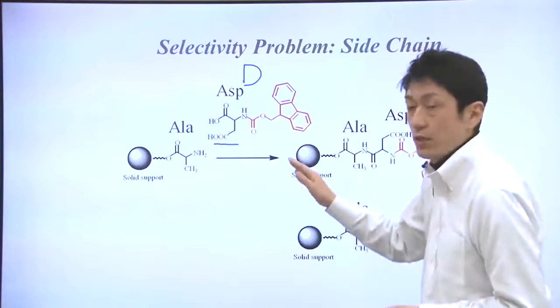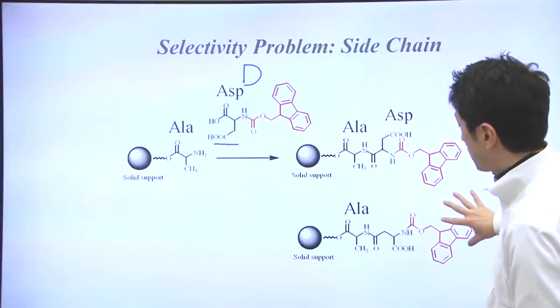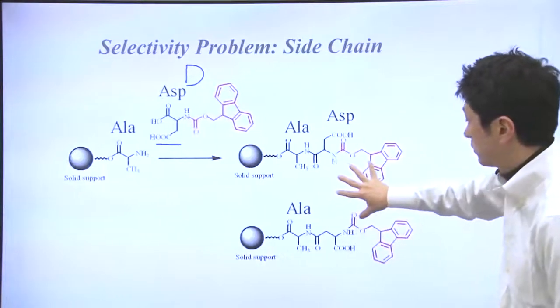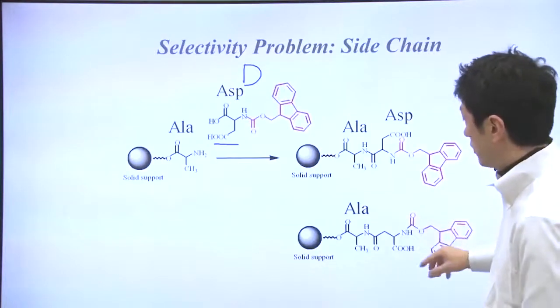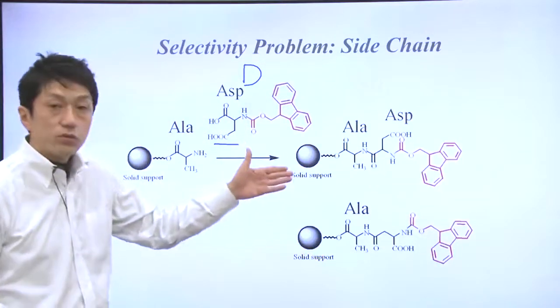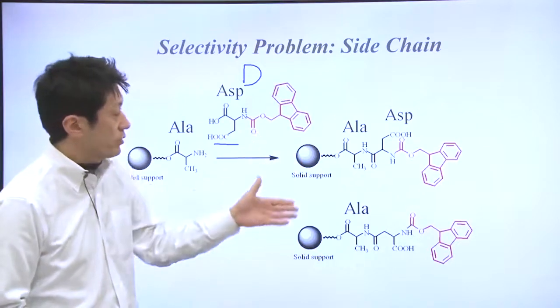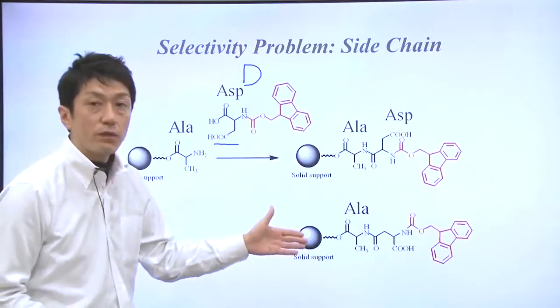The reaction with the side chain would produce the undesired product as shown right here. So you can get two different products, but this is a desired product, but this is an undesired product.